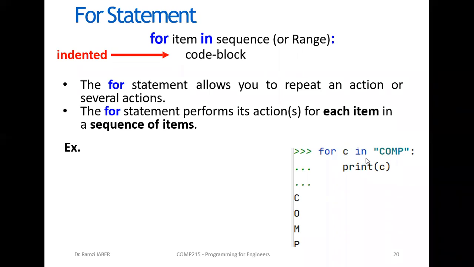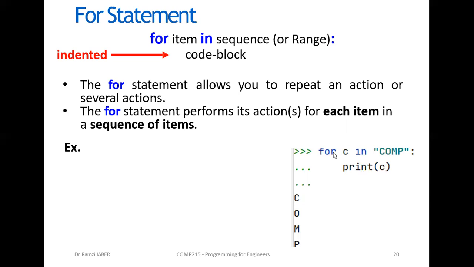We have looping inside this sequence. The condition tests if we have another item in the sequence or not. If we have another item, then it's true. Go to the body of the for loop and do the action: print c.